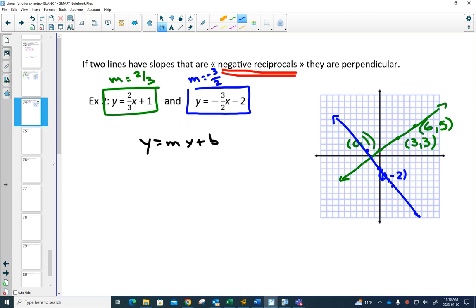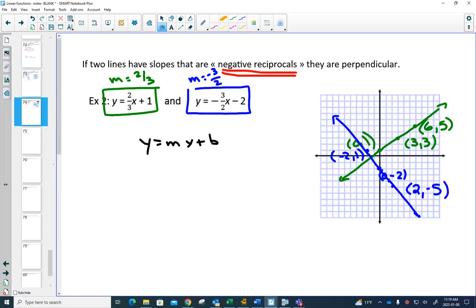So the points I could label on here, I have (2, -5). I have (-2, 1). And I found those by going rise over run, up 3/2, down 3/2.